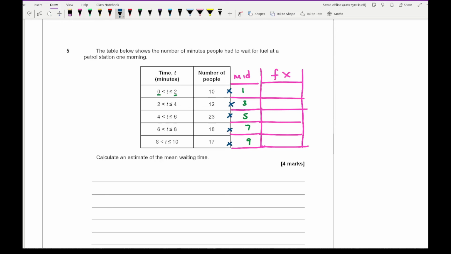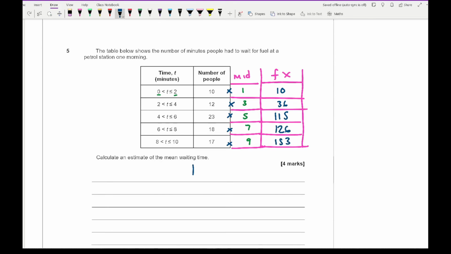For this, I probably will need a calculator. So here we've got 10, 36, 23 times 5 is 115. Then 7 times 18 is 126. And 9 times 17 is 153.